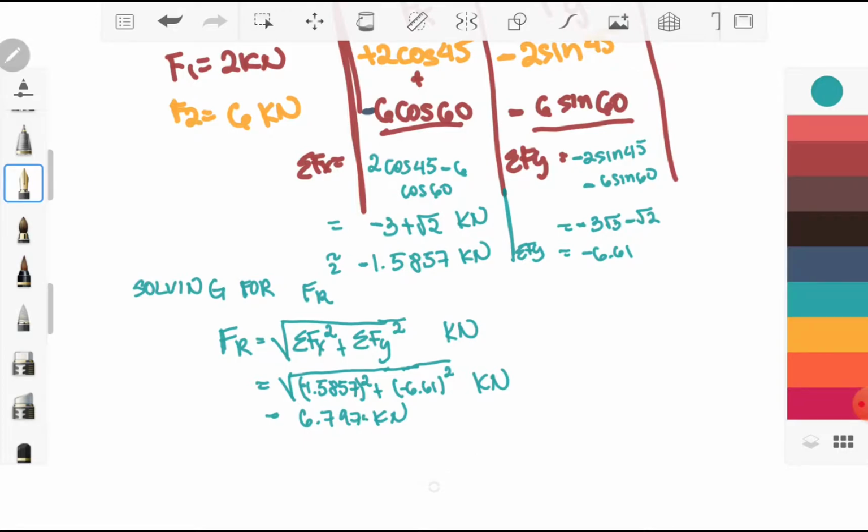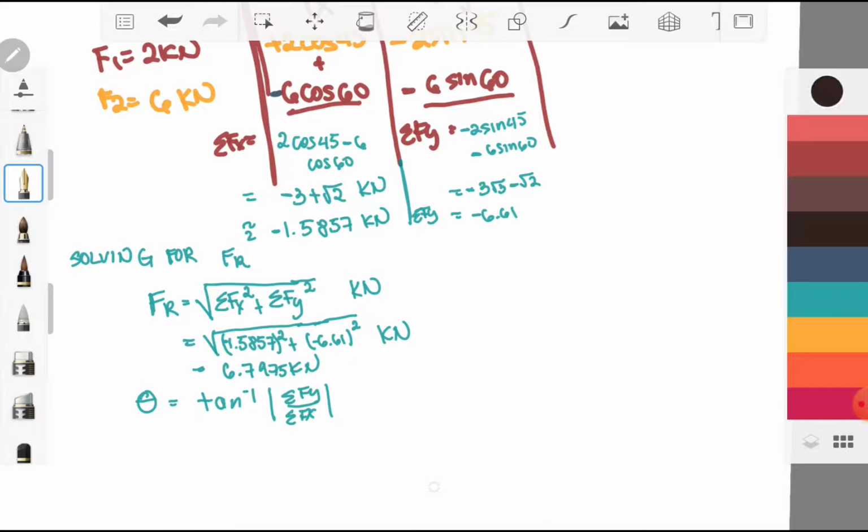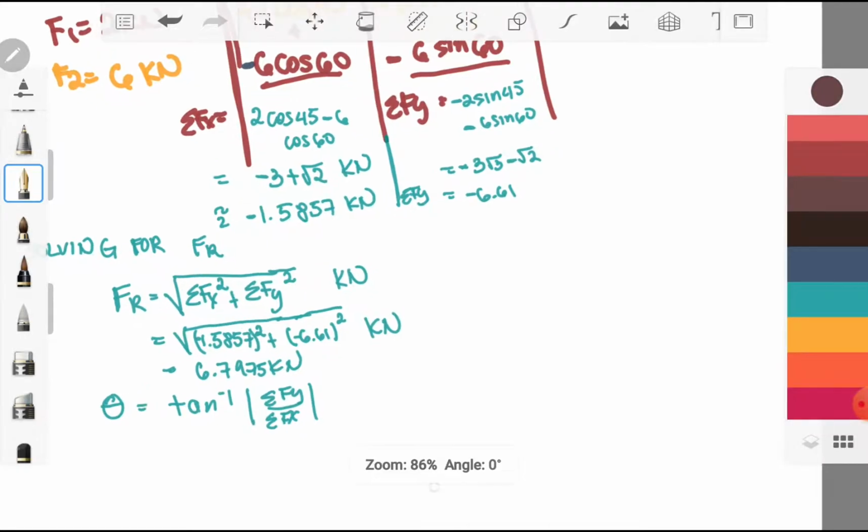And then the value of your theta is equal to tan inverse of summation of Fy over summation of Fx. Basically, by adding the components of each force, you are creating the components of your FR.